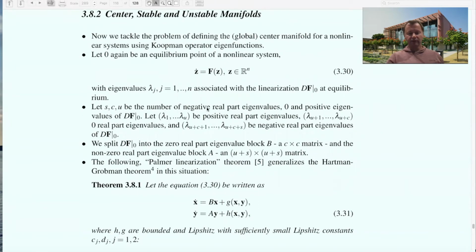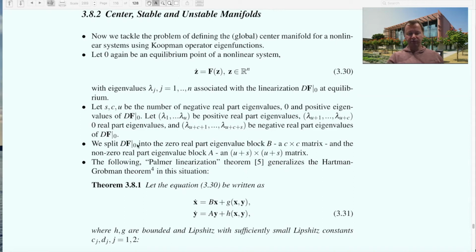S, C, and U are the number of negative real part eigenvalues, 0 real part eigenvalues, and positive real part eigenvalues of the matrix DF. Lambda 1 to lambda U are positive real part eigenvalues, lambda U plus 1 to lambda U plus C are 0 real part eigenvalues, and lambda U plus C plus 1 to lambda U plus C plus S, the stable eigenvalues, are negative real part eigenvalues of DF at 0.